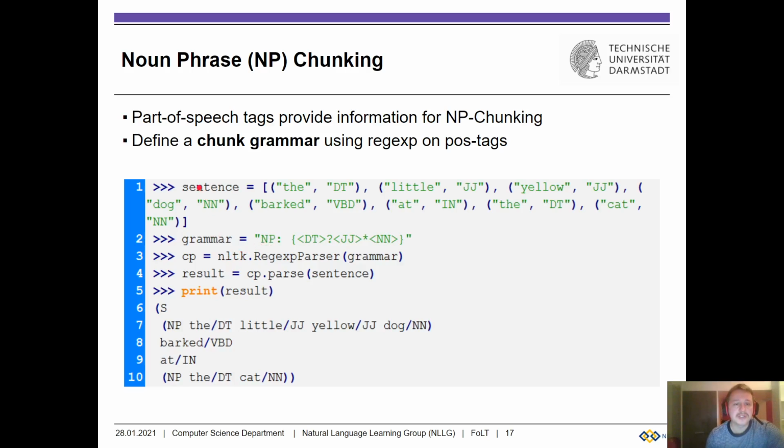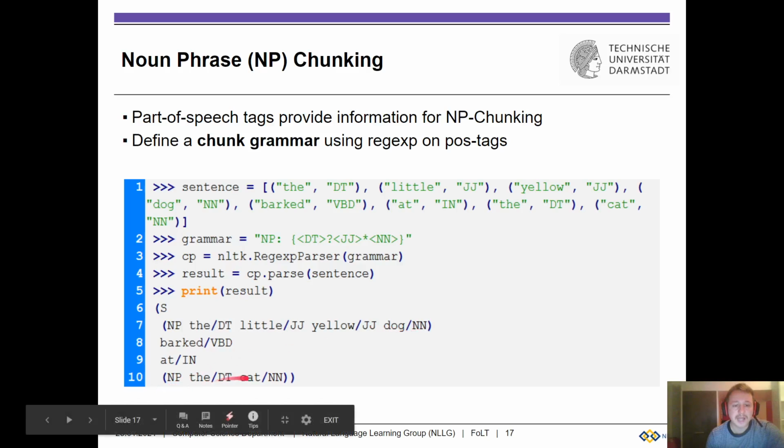Then we look at this sentence: "the little yellow dog barked at the cat". We compile our grammar, then we parse the sentence and print out the results. What we see here is that our grammar has identified two chunks, namely "the little yellow dog" and "the cat", and the other things are outside of our noun phrase chunking.